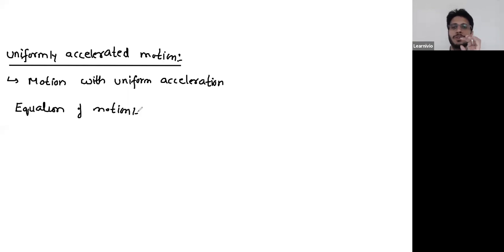You need an equation which can connect all these parameters. To describe the motion of a body, you need certain parameters: initial velocity, final velocity, time, displacement, and acceleration. So these are the following 5 parameters.